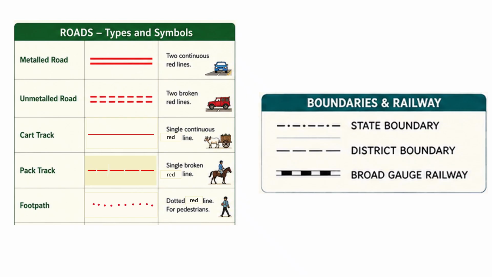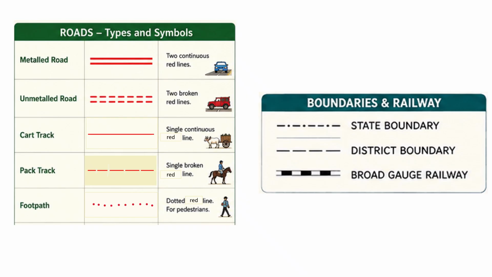Now, cart track will be a red straight line. Pack track will be red dash lines, and footpath will be dotted lines. On metal roads we have our cars, trucks and buses going.